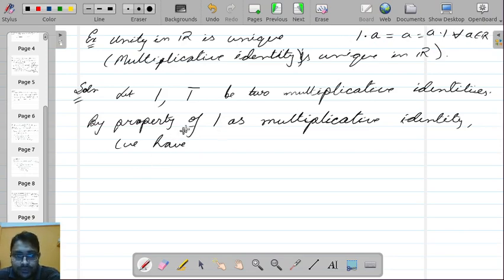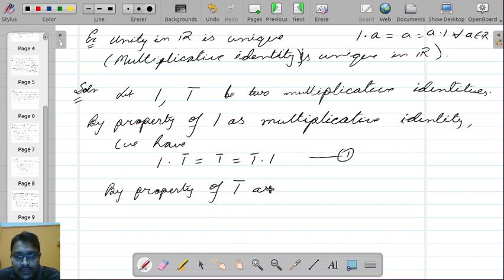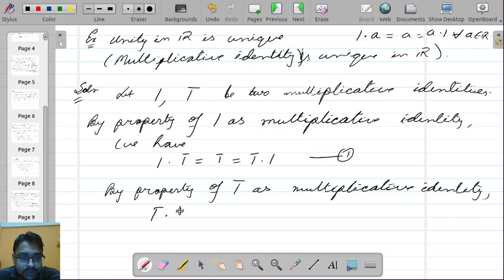So if we use 1 as multiplicative identity, then 1 into 1 bar should be equal to 1 bar, equal to 1 bar into 1. This is 1. And again by property of 1 bar as multiplicative identity, 1 bar multiplied with 1 will be equal to 1 itself, equal to 1 dot 1 bar. So this is 2.